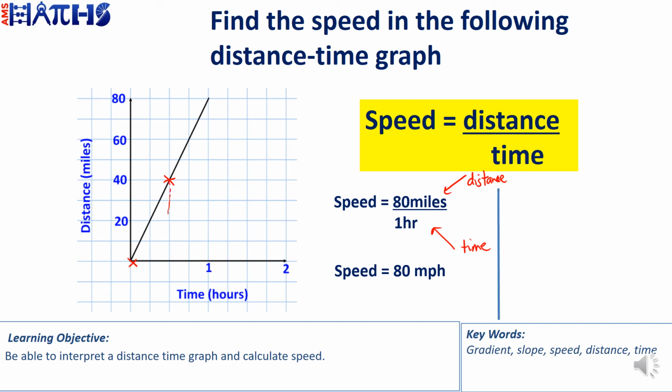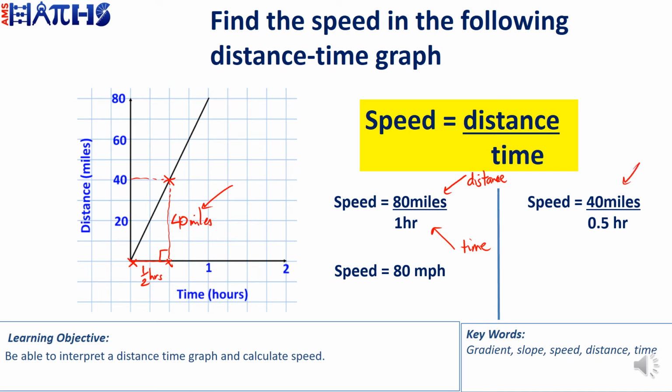So then, what if I decided to create my right angle triangle from this point and this point? So there we go. So we have a smaller right angle triangle. This time the height of the triangle is now 40 miles. And then from here to here is halfway of the 1 hour, so it's half an hour, right?